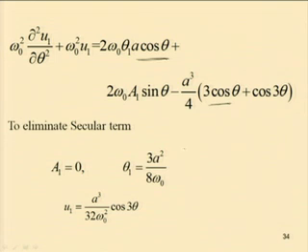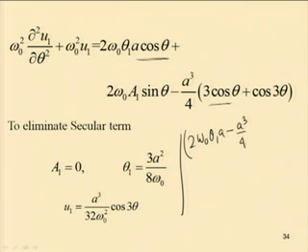So, one can write 2 omega 0 theta 1 a minus 3 a cube by 4, times cos theta.